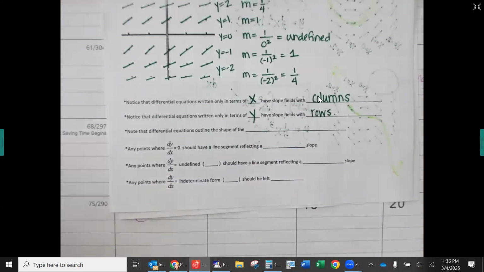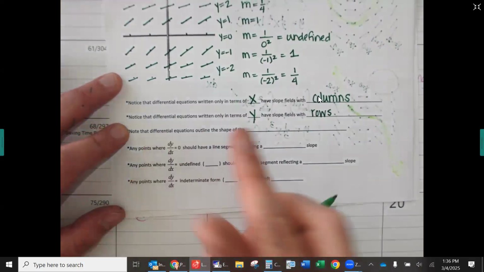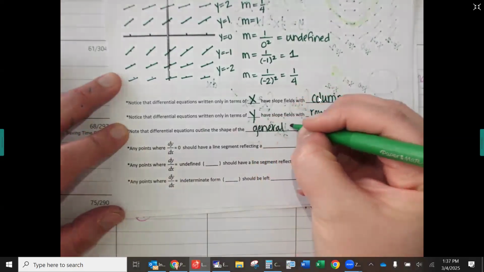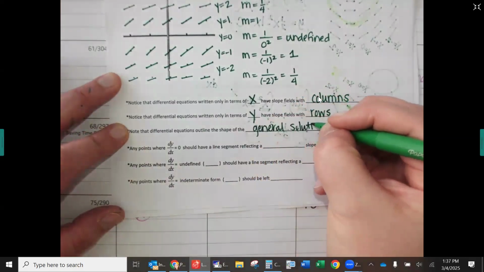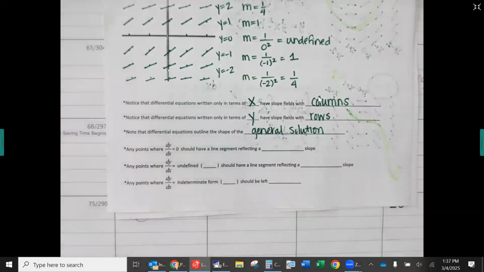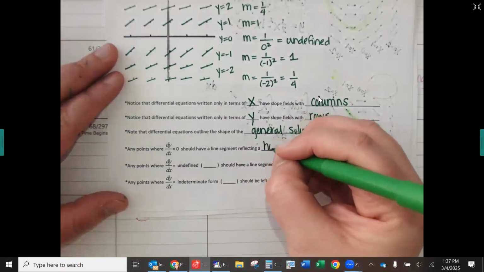Next thing, the differential equation is going to outline the shape of the general solution. So if you did separable differential equations and you solved it, whatever the shape is of the graph, that should match the shape of your differential. If you get a dy dx of 0, you would have a horizontal slope at that point.